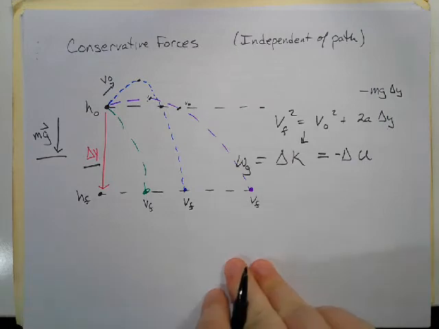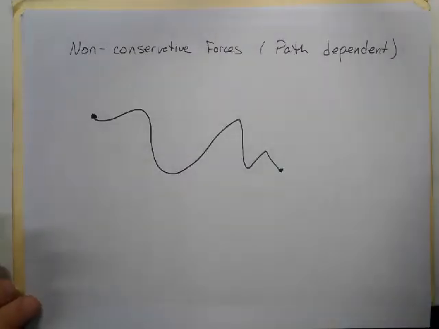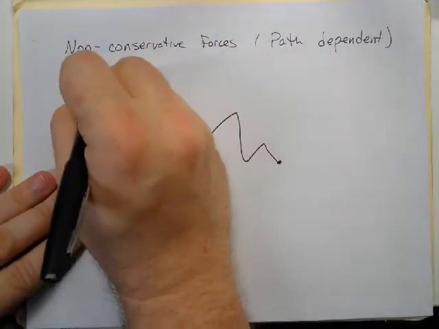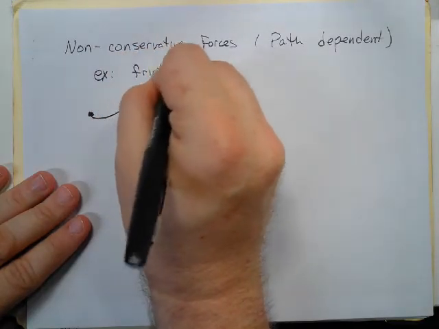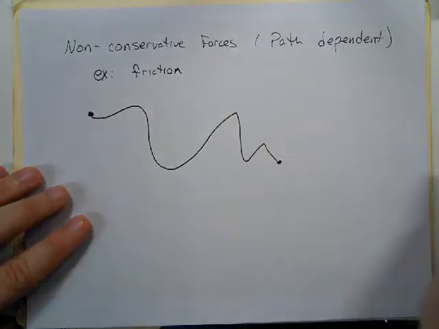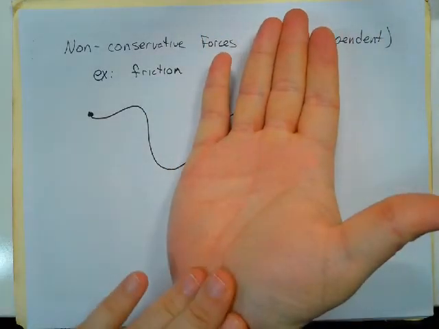So, non-conservative forces are path dependent, and so I've drawn a path here. And this example is going to be friction. Now, the example that I try to give in class is this. I have my hand here, I have my other hand, you can see the fingers of it here.